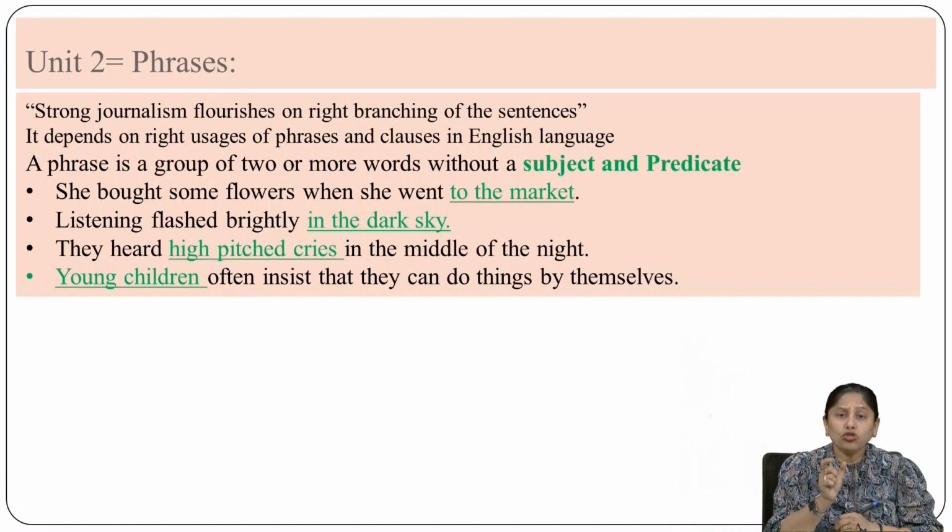It is also a phrase because there isn't any verb in it. And another thing, these phrases are discussing the things that happen. They heard high-pitched cries in the middle of the night. They heard what? They heard the sound.